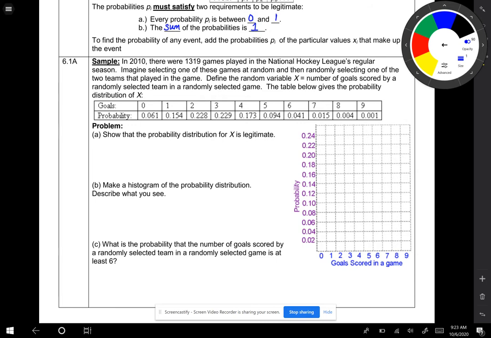Show that the probability distribution for X, the number of goals scored by a randomly selected team in a randomly selected game, is legitimate. So it must satisfy those two requirements. If you look at the bottom row, all the probabilities are between 0 and 1.